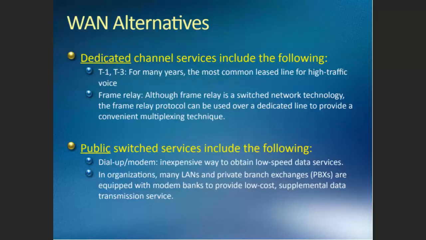The other method is frame relay. A frame relay is a switched network. The frame relay protocol can be used over a dedicated line to provide a convenient multiplexing technique. We have studied frame relay, so we know about all the features of frame relay.